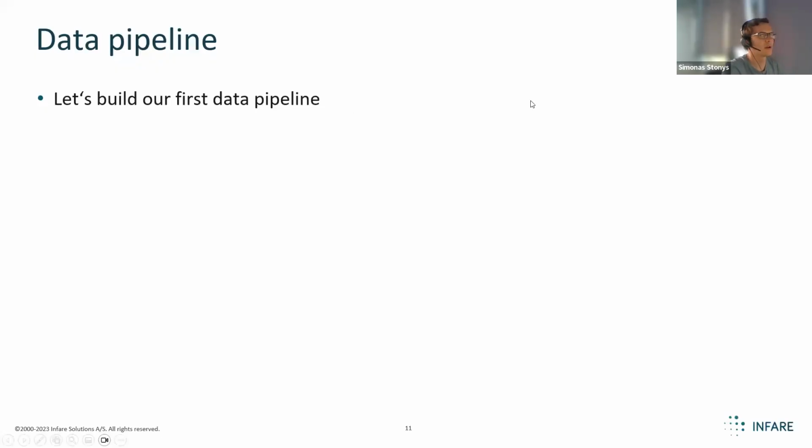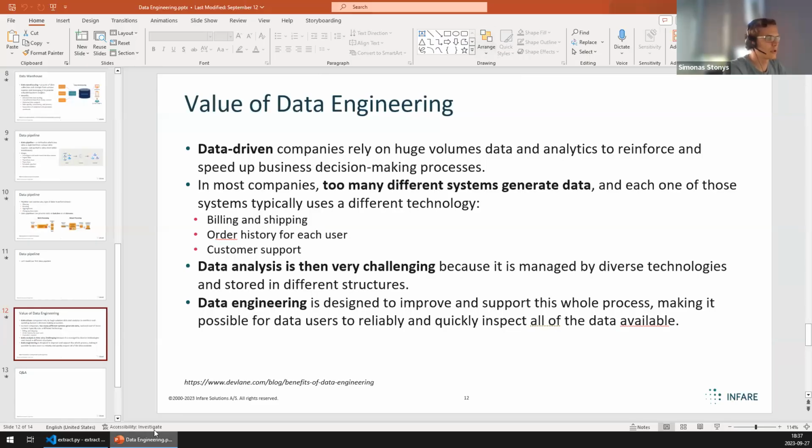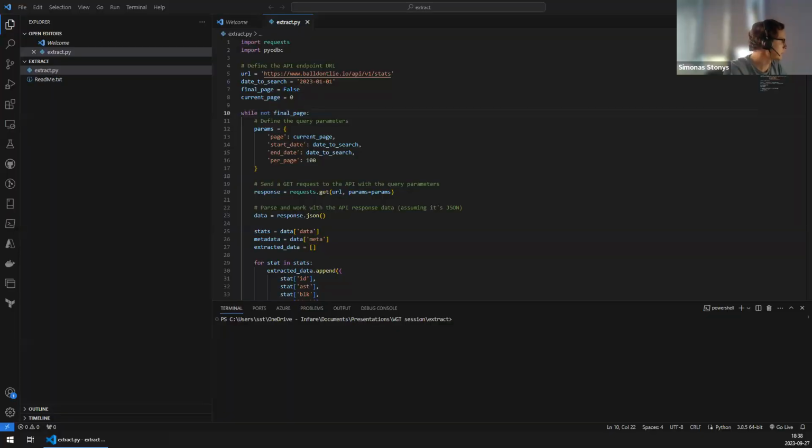All right. If not, then let's try to build our first data pipeline. When designing this exercise, I tried to cover all of the points that I talked about before.